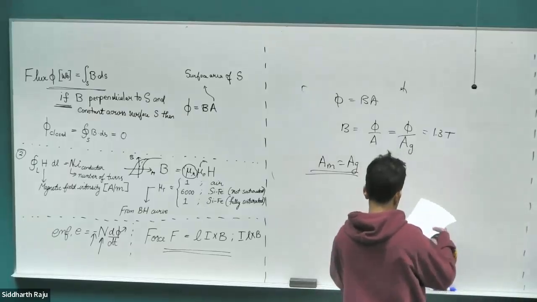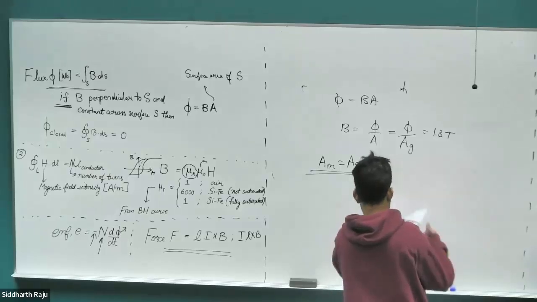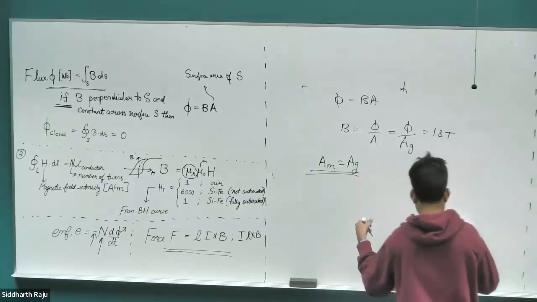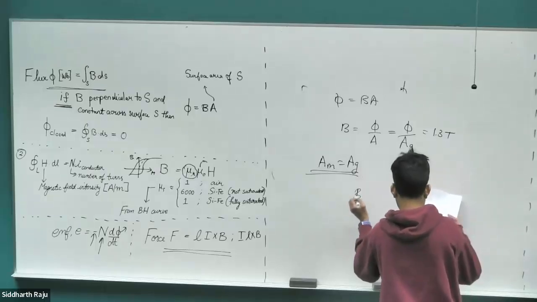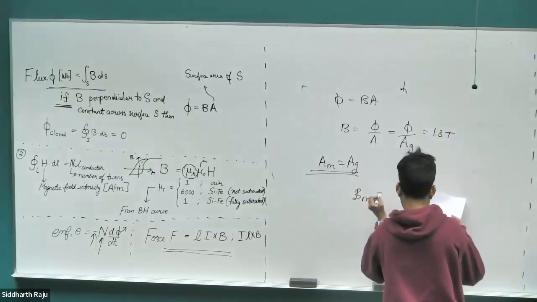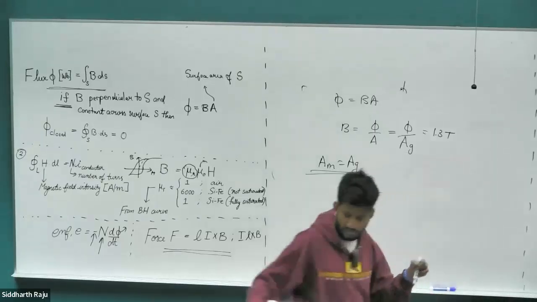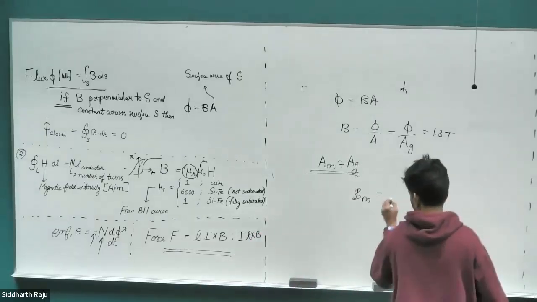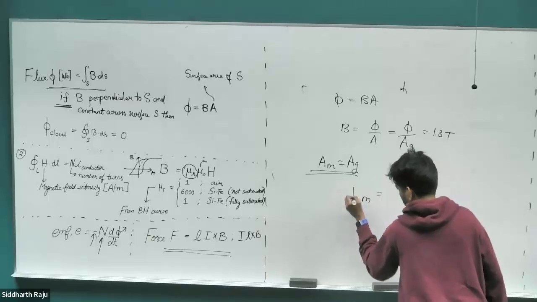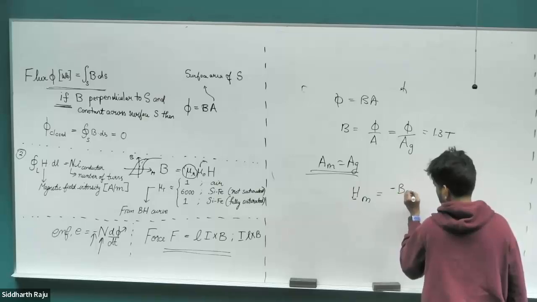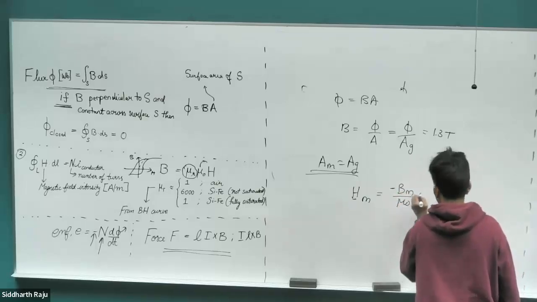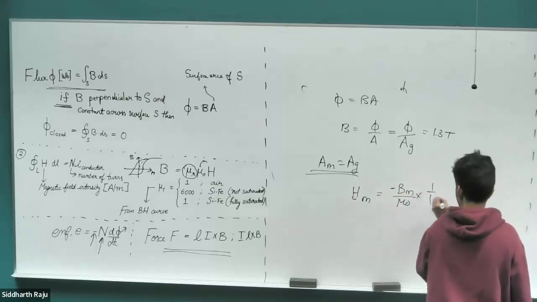Okay, so once you compute all the values, your HM-VM relationship comes out to HM is going to be minus VM by mu naught, AM over AG is 1.